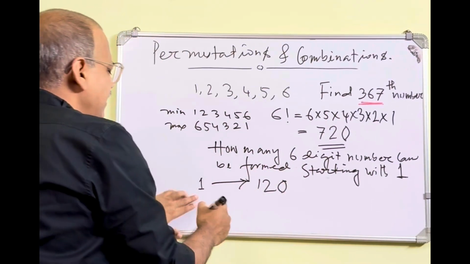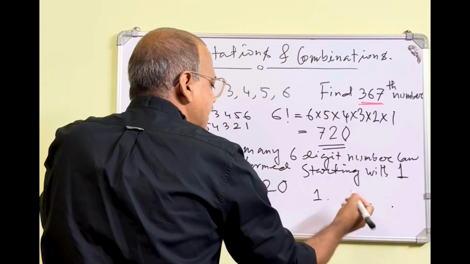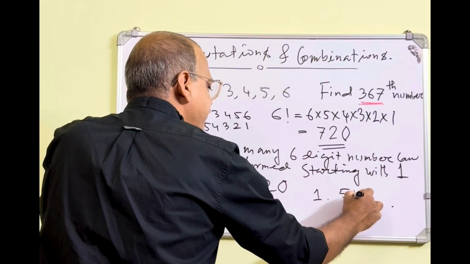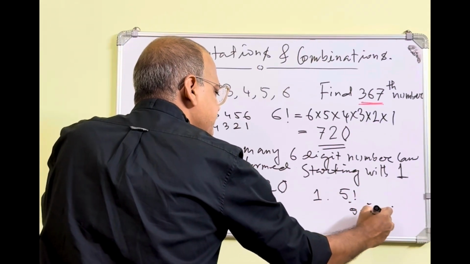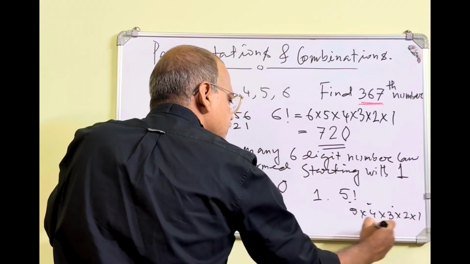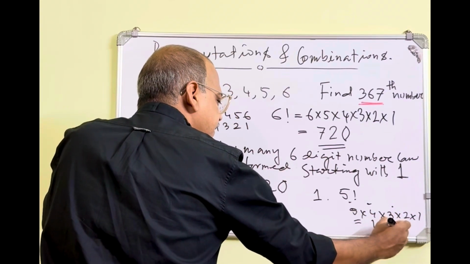Or you can simply say, if the first position is 1, the remaining 5 positions can be filled in 5 factorial ways, which is nothing but 120.